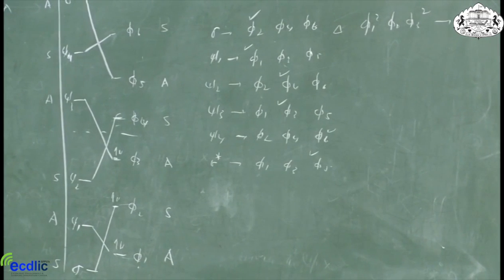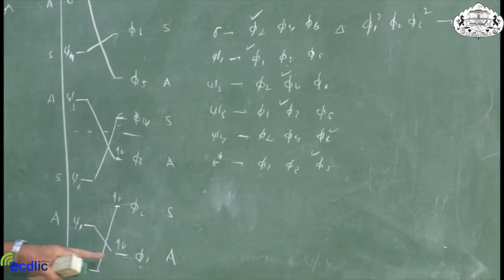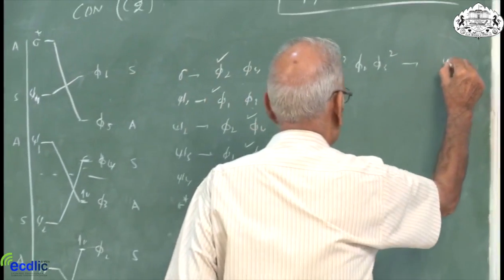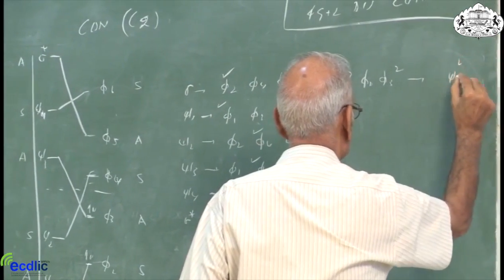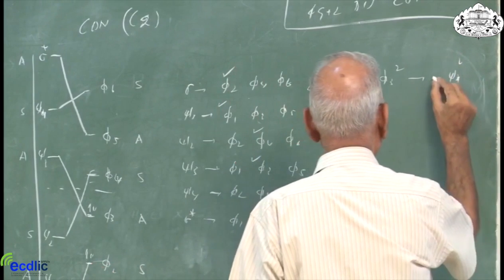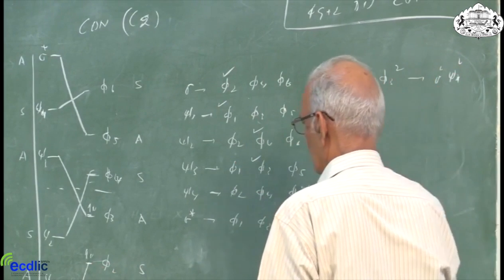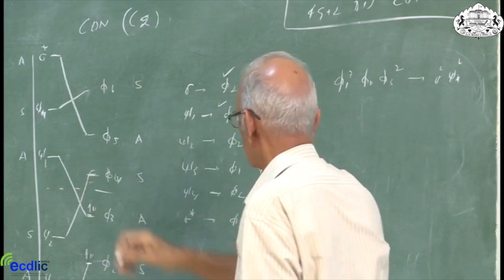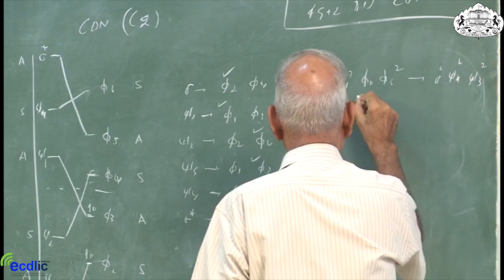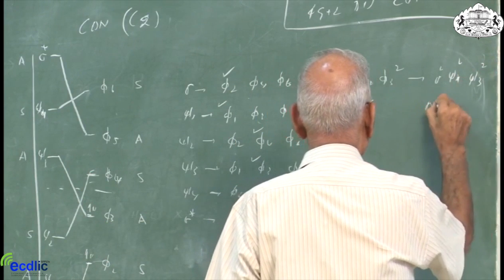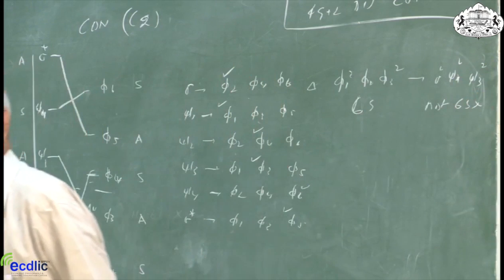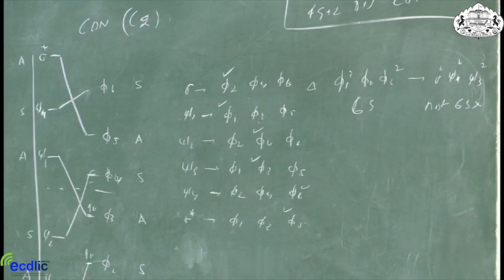Where do these electrons go? 5 1 2 goes into psi 1 2. 5 2 2 goes into sigma 2. 5 3 2 goes into psi 3 2. Ground state, this is not the ground state. Therefore, the reaction is disallowed.